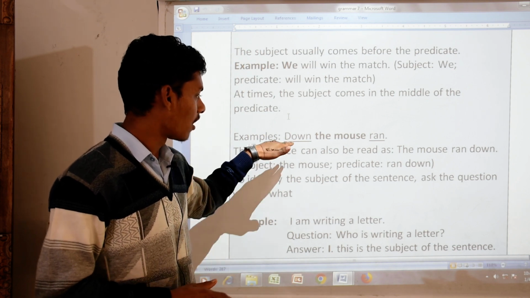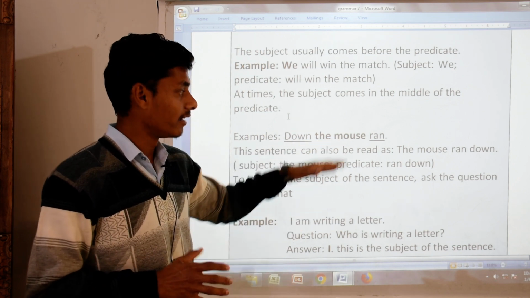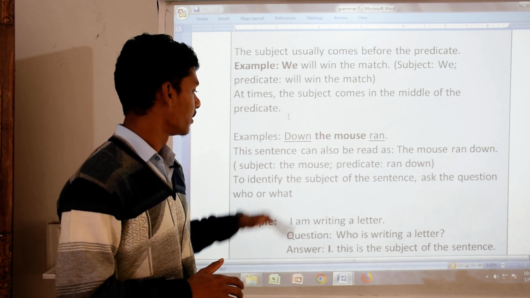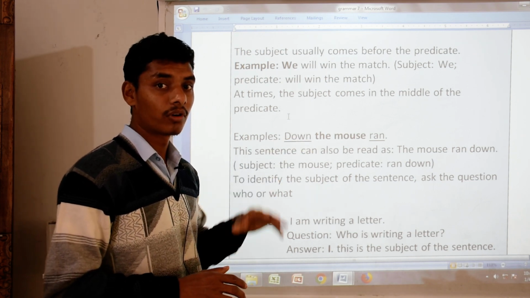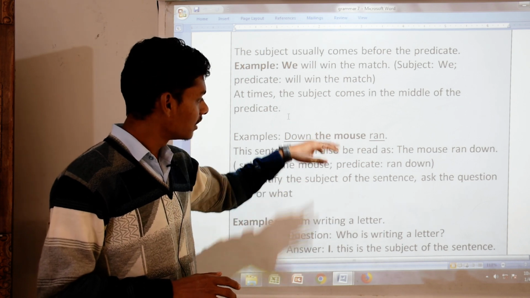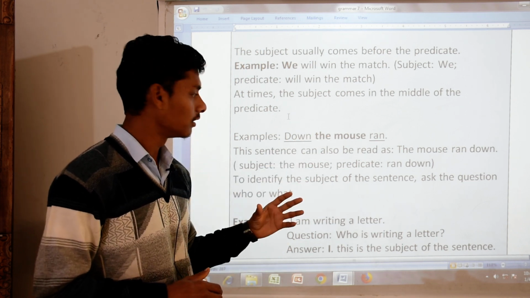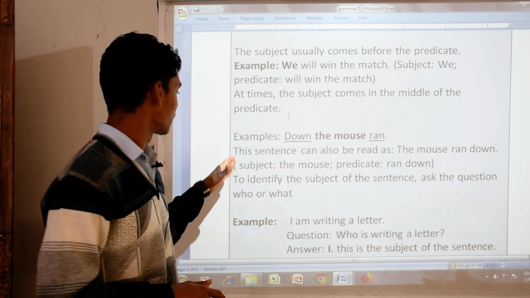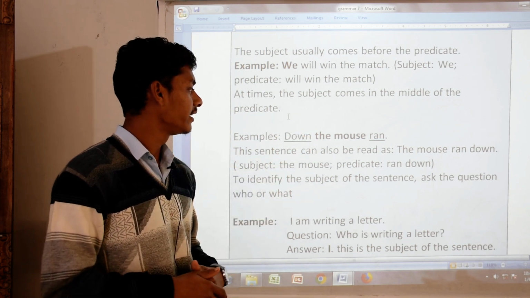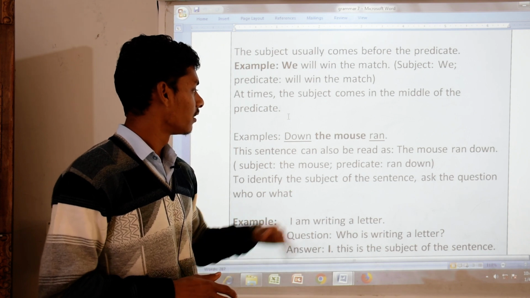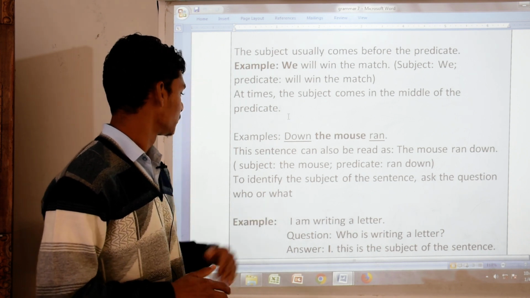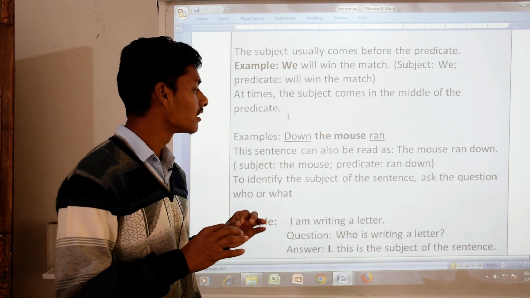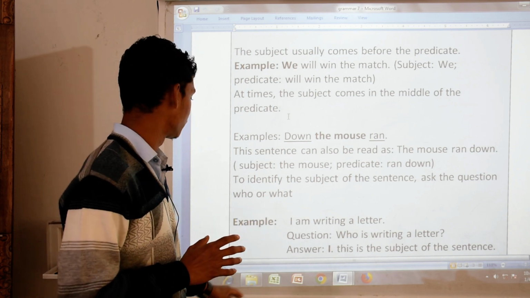Down is the place, and ran is the verb, part of the predicate. The subject is the mouse, an animal, so it is in the middle. This sentence can also be read as "The mouse ran down." The mouse is the subject, and "ran down" is the predicate.